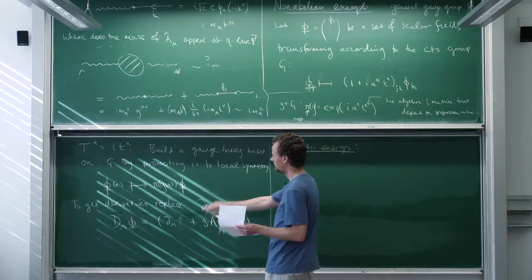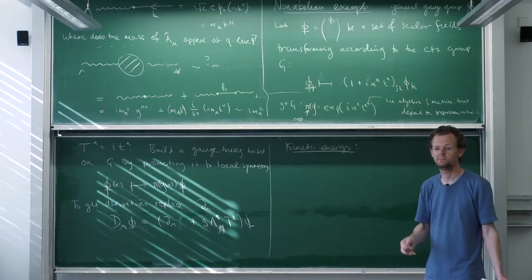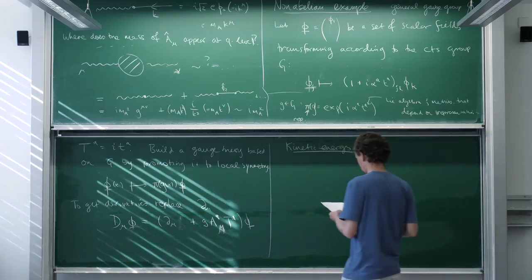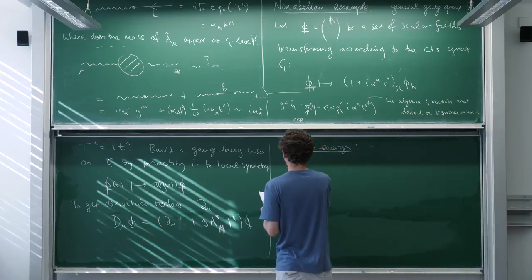So if we use this to define a kinetic energy term, as before, to try and build a nice non-trivial Lagrangian, then we have to square it.